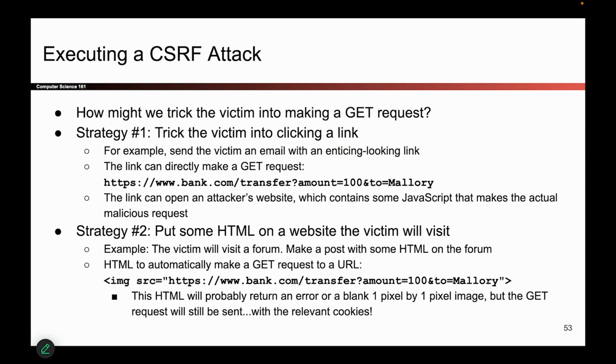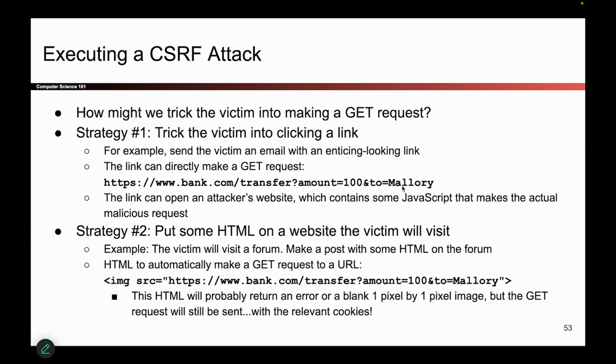So here are some examples. Maybe you trick the victim into clicking a link. Remember that if you click a link in your browser, that will take you to that page, and the browser has to make a GET request to download that page and display it to you. So maybe if you send the user an email and you tell the user, you should really click on this link, and the user doesn't look and they click it, well, then their browser is going to make a request to bank.com/transfer?amount=100&to=Mallory.